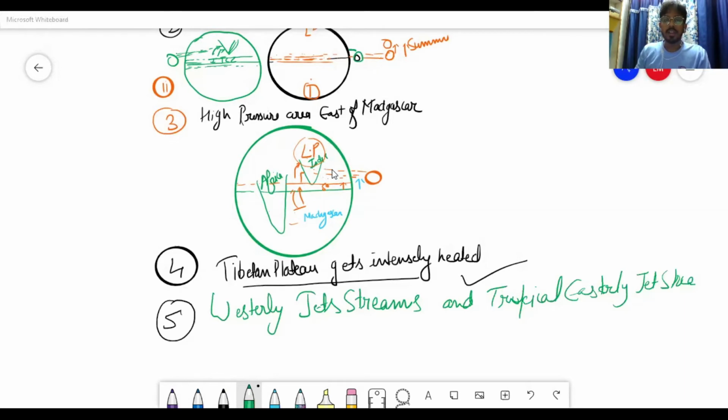These winds are westerly winds, right? And what is happening in winters? These winds are coming back and crossing the equator, right? These are northeasterly winds. So this is all about what we have done and understood: jet streams.